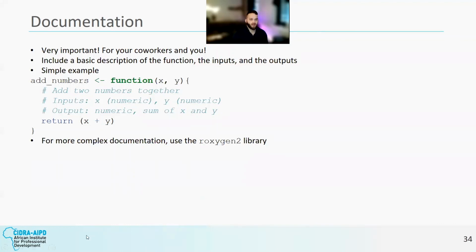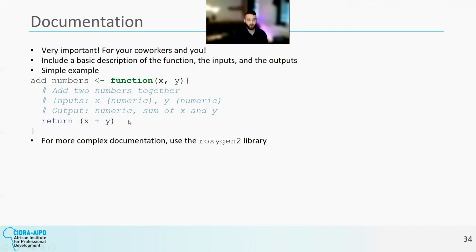So a really simple way to do it is just to define this within your function. So in this case, we go back to our add numbers function. We say what it does. It adds two numbers together. That's the concept. The inputs expected to be X and Y, and they're both expected to be numeric.